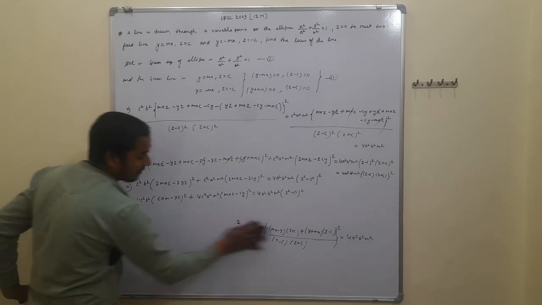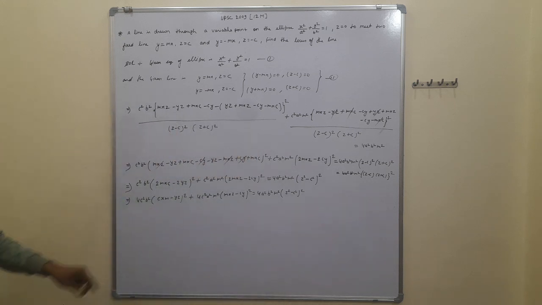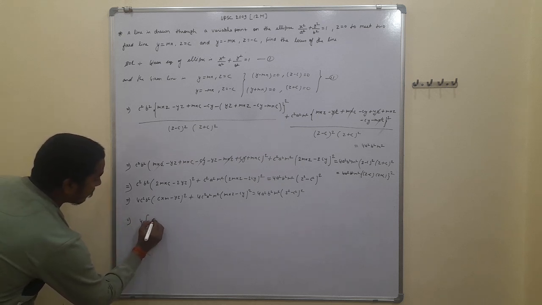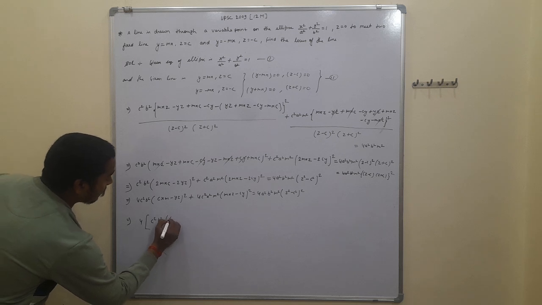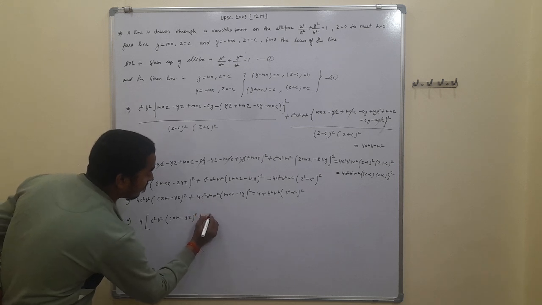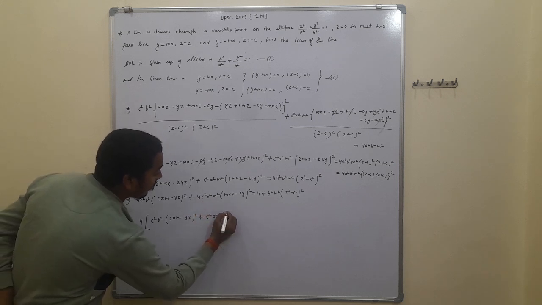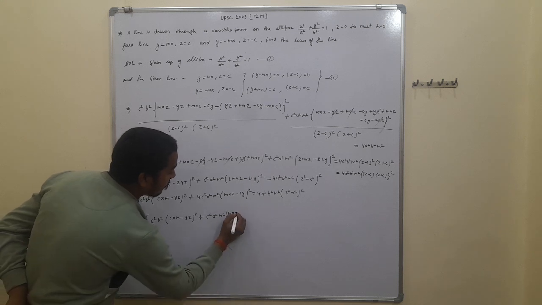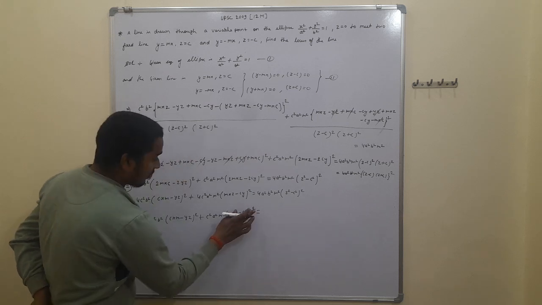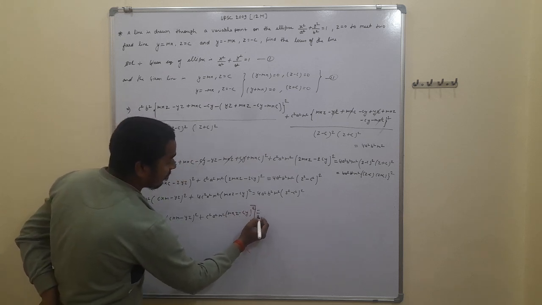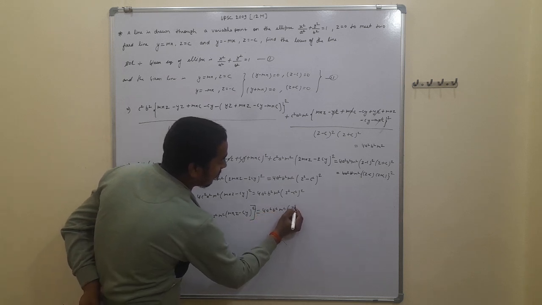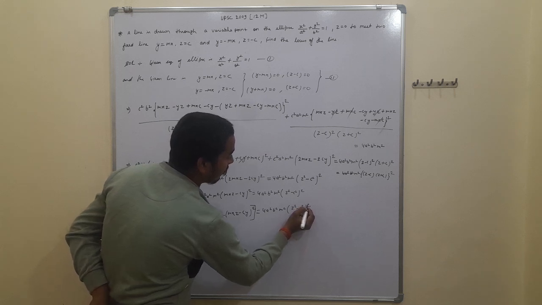Further we have to take common 4 from the left hand side, that is c square into b square and cxm minus of yz whole square plus of, here is c square into a square into m square and mxz minus of cy whole square is equal to, once again, 4a square b square into m square and z square minus of c square whole square.